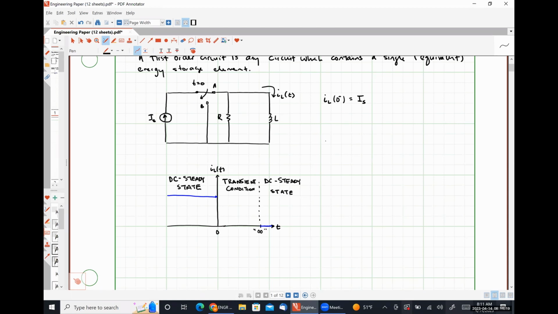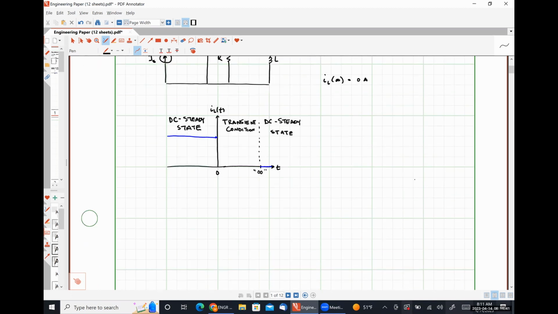We also found that IL at infinity, a long time after the switch had changed states, our current had decayed down to 0. And now we're trying to figure out what happens between those 2 points in time.